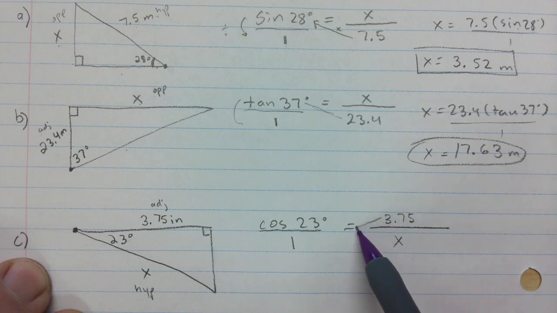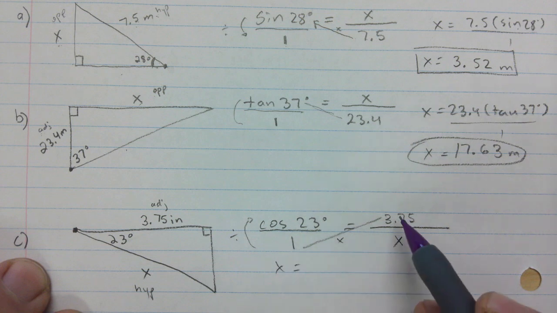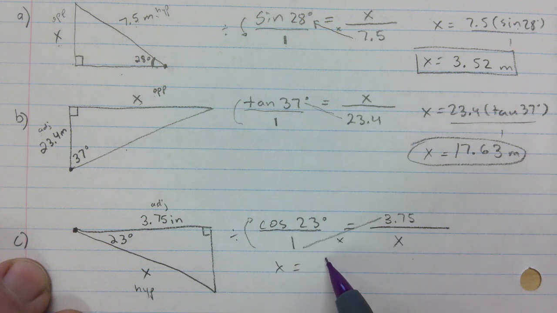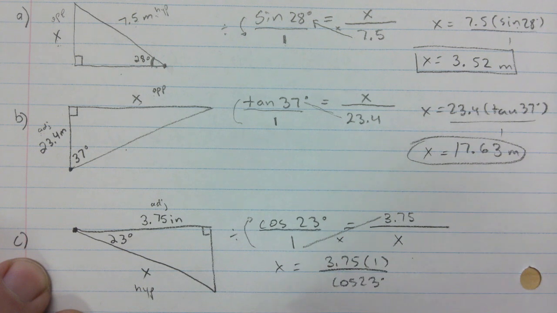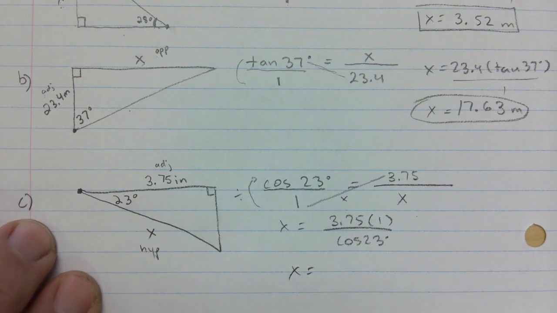In this case, you have to travel down, so multiply there, divide up. Multiply and then divide. So see how that 1 helps you to know you're going to have to divide. So 3.75 times 1 divided by cosine of 23. And so you get 3.75 divided by cosine of 23.